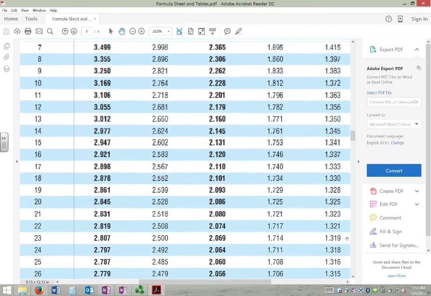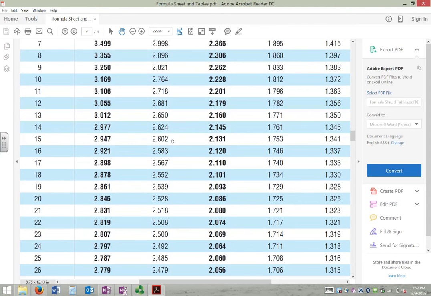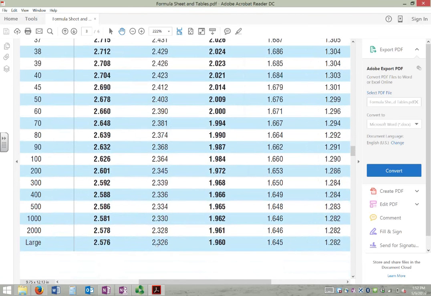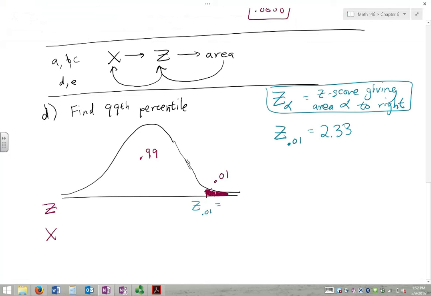So we're trying to find z.01, which is going to be 0.01 in that right tail. You go to the second column, all the way down to the large, and this is a little different. This is 2.326, a little more precise. The 2.33 was an estimate based on Table A2, but we weren't getting exactly 0.01. That's why there's a slight difference here. Okay, so that's the area we're trying to get.